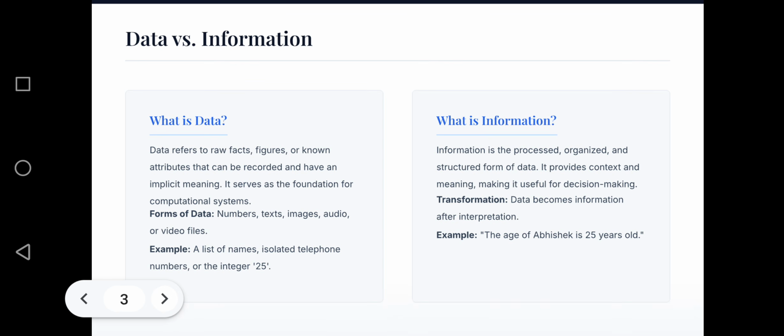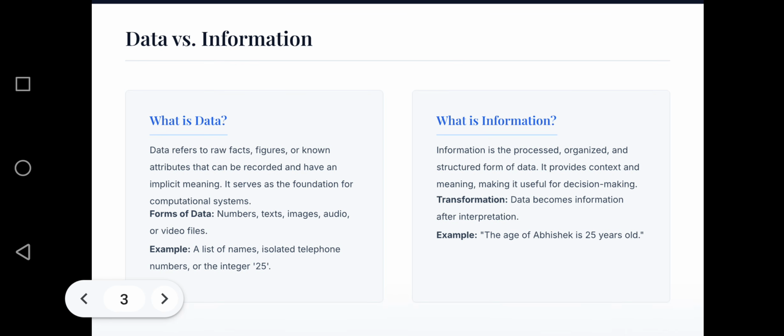So we can start with data. All of us are looking for something like data. So what is data? Does anyone have any answers, like what is data? Data may be a name, an age, maybe a chair, table, iron box, everything is data. Data refers to raw facts, figures, and attributes that can be recorded and have an implicit meaning.